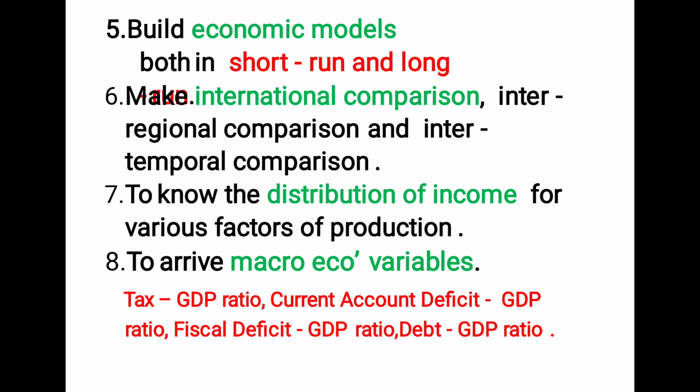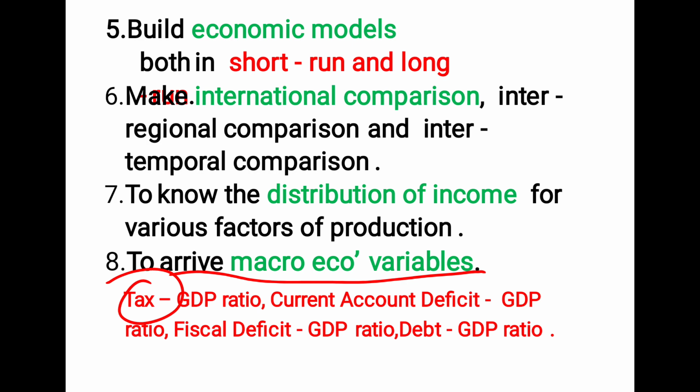And here you can see, to arrive at macroeconomic variables, first let us know what the variables are. Tax to GDP ratio, current account deficit to GDP ratio, fiscal deficit to GDP ratio, debt to GDP ratio. So, tax: what is the amount of money that we are getting from taxes?